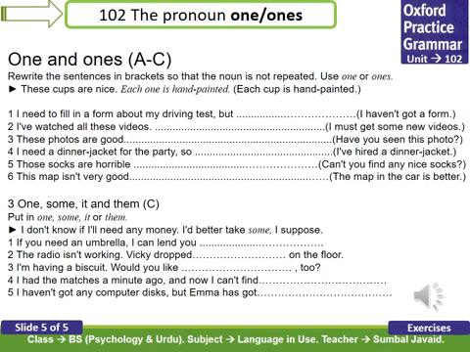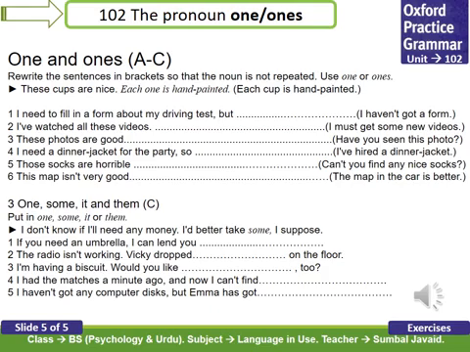Can't you find any nice socks? तो आप socks को use दोबारा नहीं करेंगे. आप कहेंगे can't you find any nice ones? क्योंकि जो ब्रैकेट में वाक्य लिखे हुए हैं उसके अंदर उन्होंने noun को दोबारा use किया है. हमने उसकी जगह "one" use करना है. ठीक है. This map is not very good. The map in the car is better. तो आप कहेंगे this map is not very good. The one in the car is better.